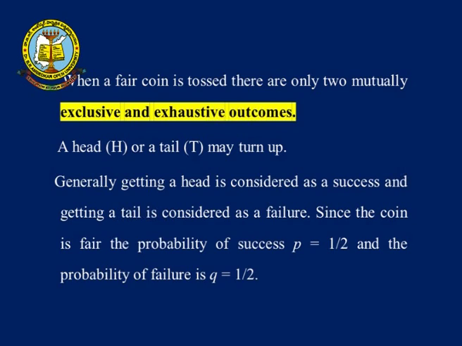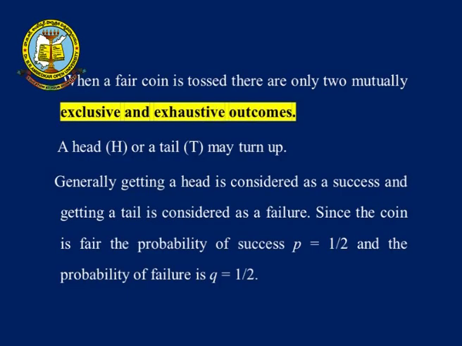As you know, according to probability, only two events may occur, those are exclusive and exhaustive events, denoted by head or tail turning up. Generally, a head is considered as a success and getting a tail is considered as a failure.